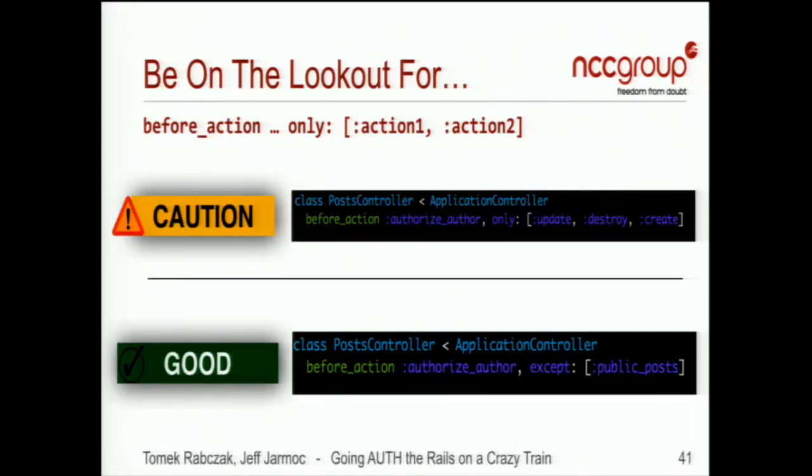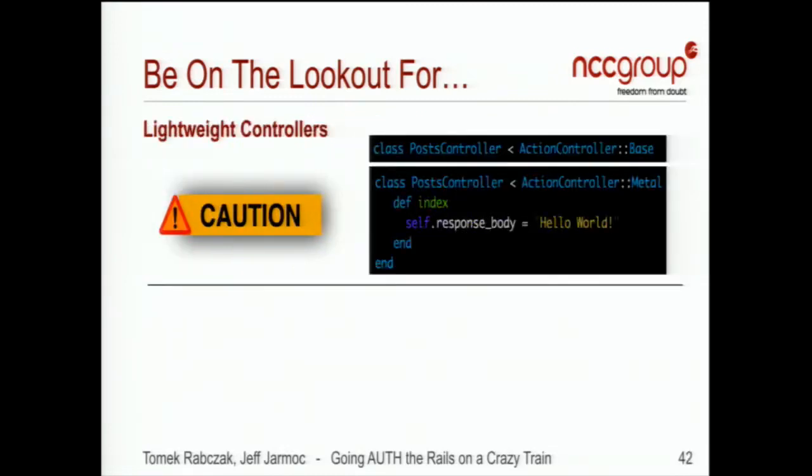We prefer to use the except option. This says, by default, run it on every single action in the post controller, except for this method. If we go back to that scenario, a developer adds a new controller action, and it's going to throw an error by default. It's going to force them to look into this before action and see whether or not they actually need to run it.